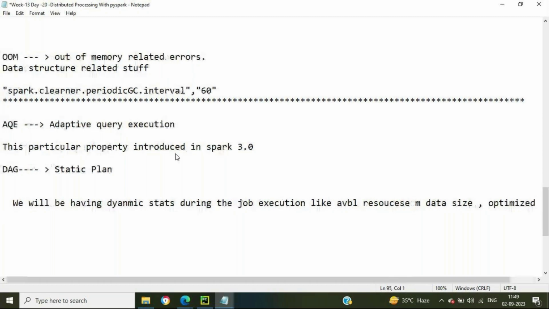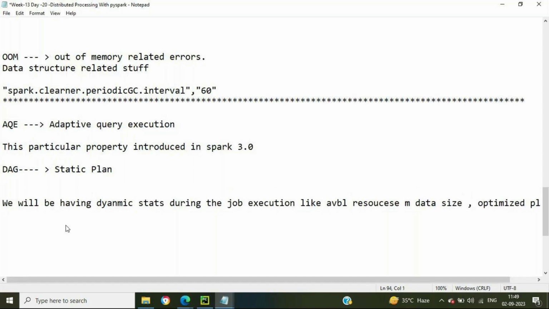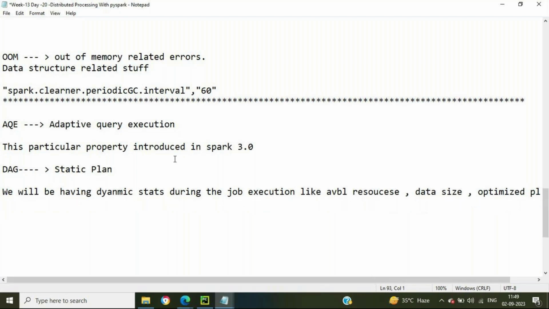Previously, each and everything was based upon the static plan. Now it is going to monitor the dynamic stats, like what the available resources are and what the data size is, and based upon those things an optimized plan is prepared, and that plan will be executed.